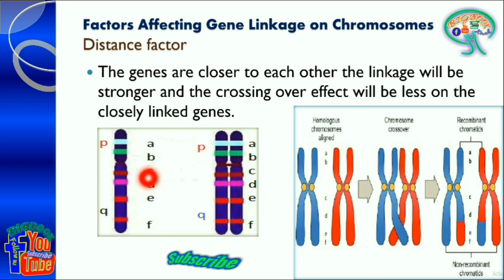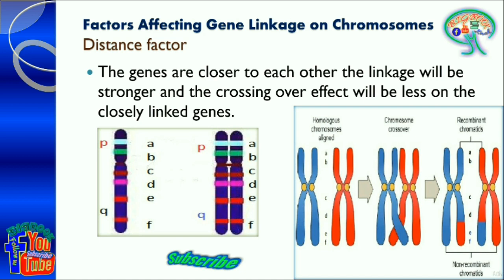The genes which are closely located are likely to get inherited together. It means the ratio of inheritance of closely linked genes is high when compared to that of distantly placed genes. Inheritance is going to be very less.